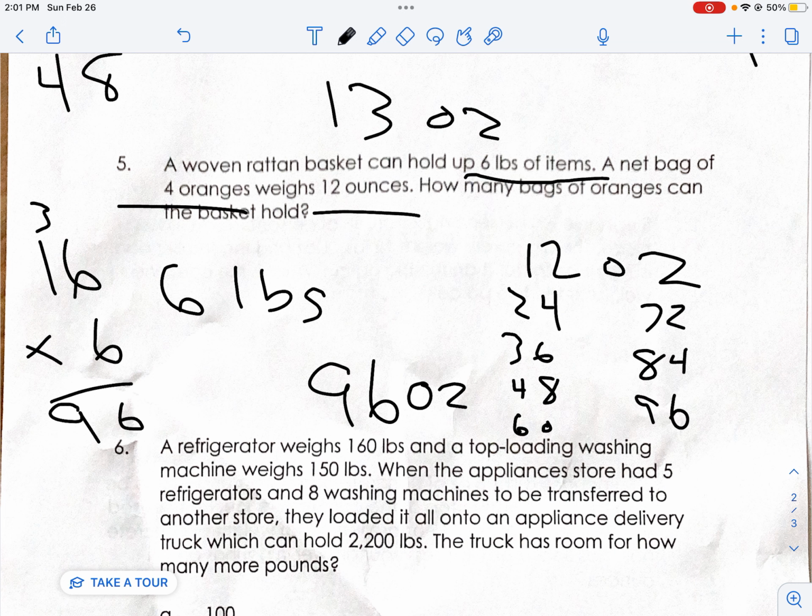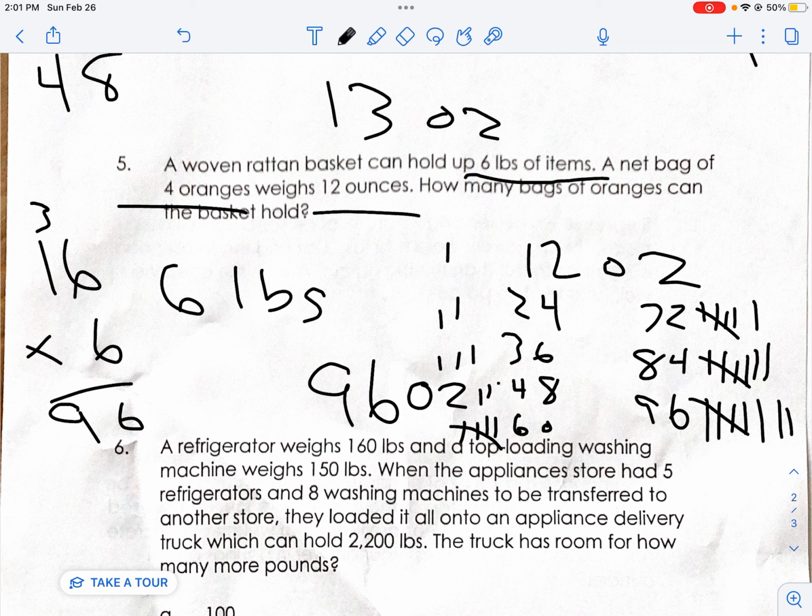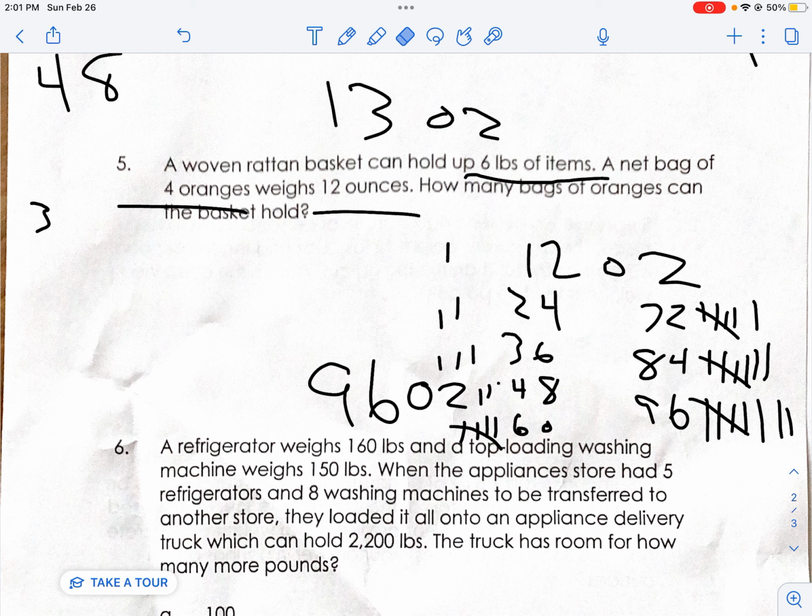Okay, so we got 96. We have 96 exactly. So we have 1, 2, 3, 4, 5, 6, 7, and 8. So how many bags of oranges can it hold? It can hold 8.